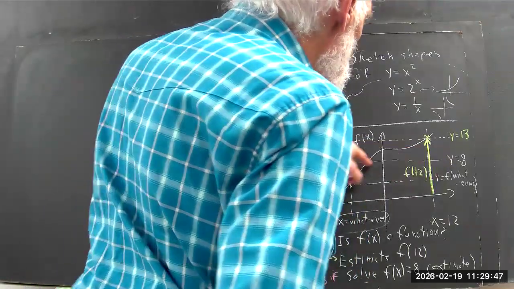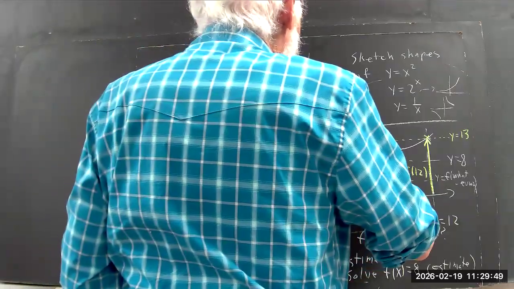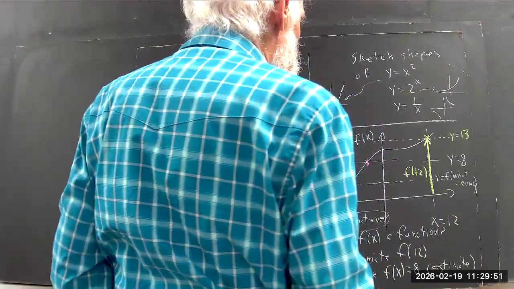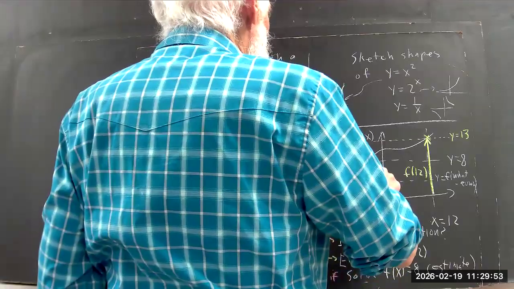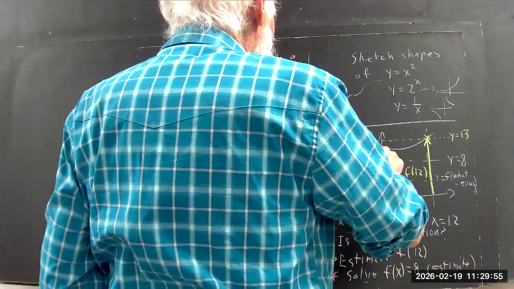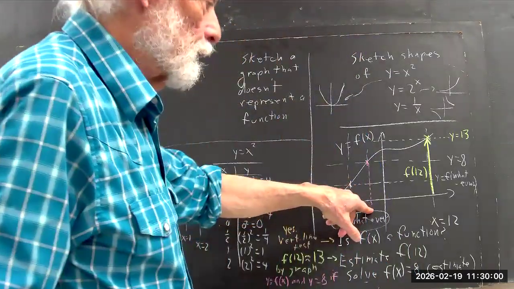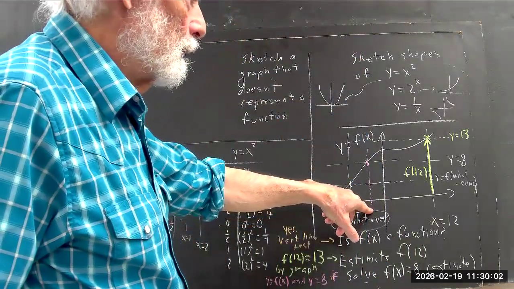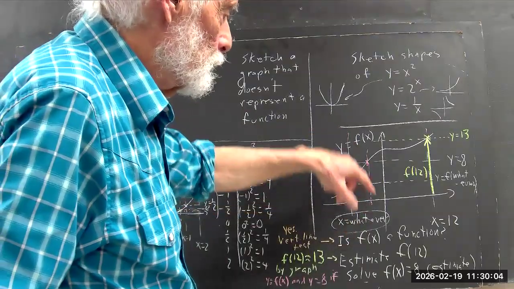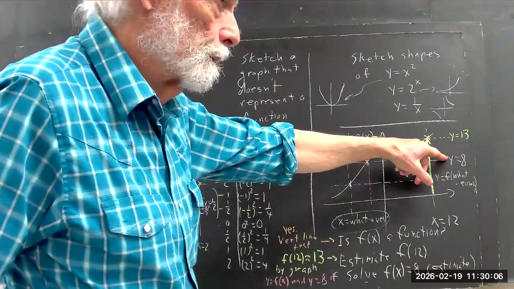Well, the y equals 8 line hits the graph of f of x here. And the value of x on this line is the value of x that you would plug into the function to get 8.